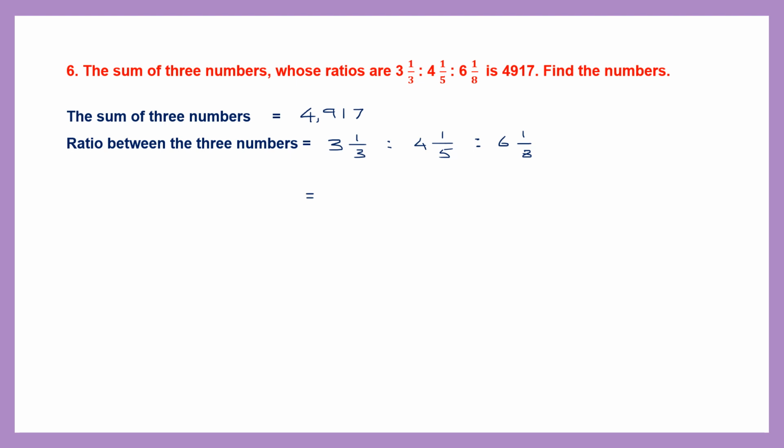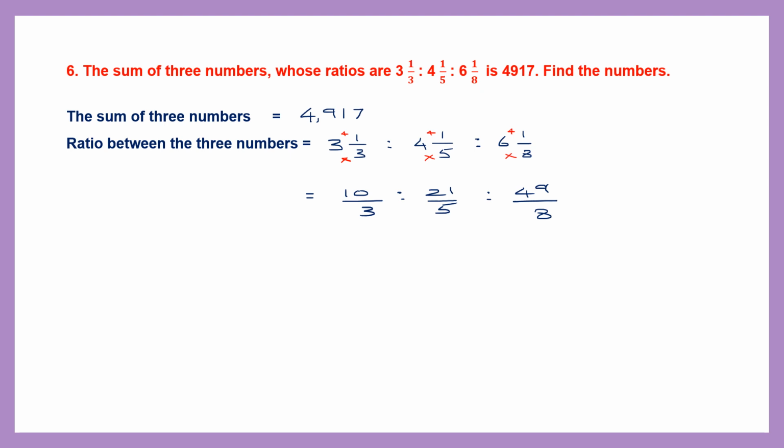Here 3 threes are 9 plus 1 is 10. So this is 10 by 3 is to, next let's convert it here. 4 fives are 20 plus 1 is 21. So this is 21 by 5 is to, the next one let's convert. 8 sixes are 48 plus 1 is 49. So it's 49 by 8.